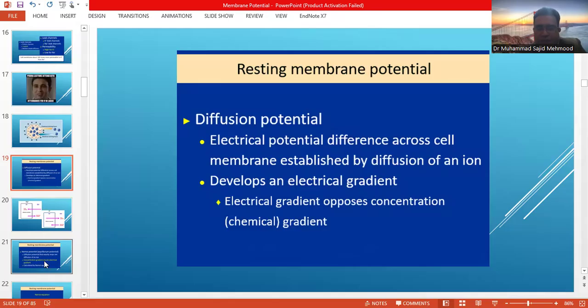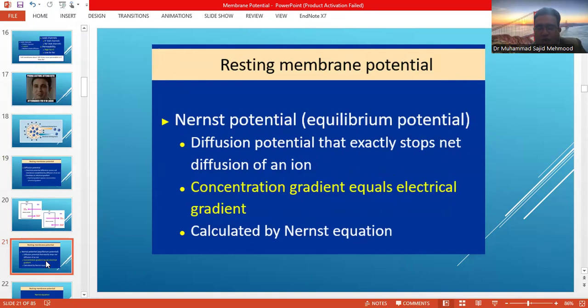Nernst potential is the potential at which there is no actual movement, or no net movement, of the ions taking place across the membrane, because some of the ions are moving due to the concentration gradient in one direction, and some of the ions are moving due to the electromotive force in the opposite direction, so net movement is not taking place.